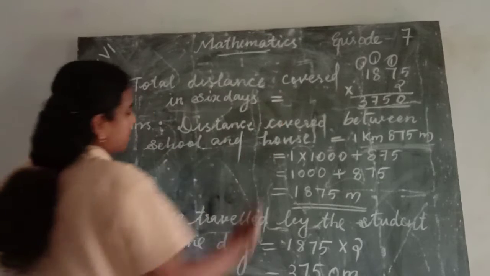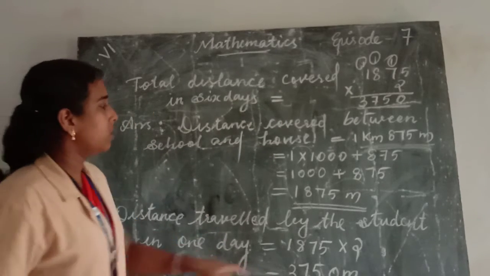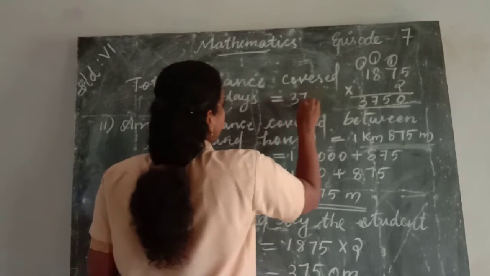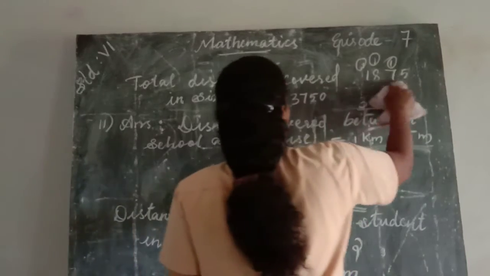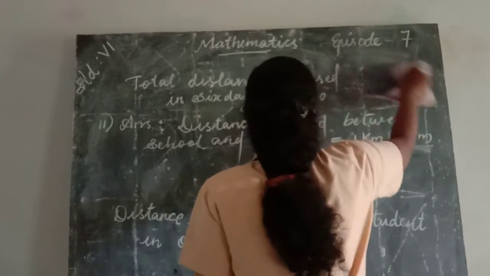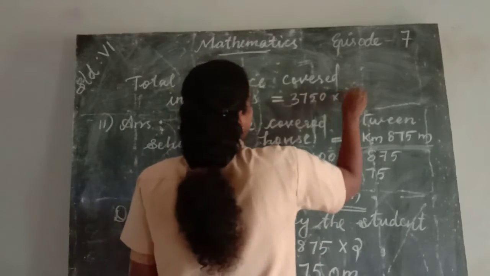For finding the total distance covered in 6 days, we multiply the distance travelled in 1 day, that is 3750, into total number of days, that is 6. We want to find the total distance covered in 6 days, so we multiply this into 6.